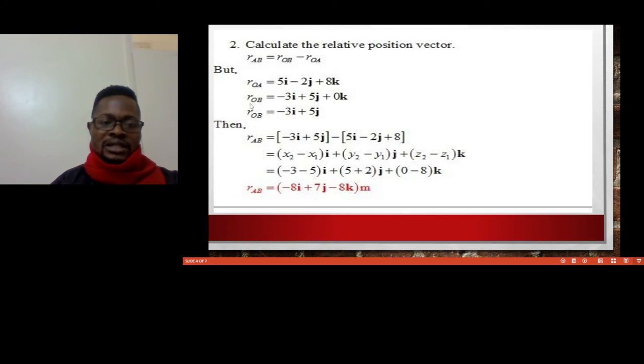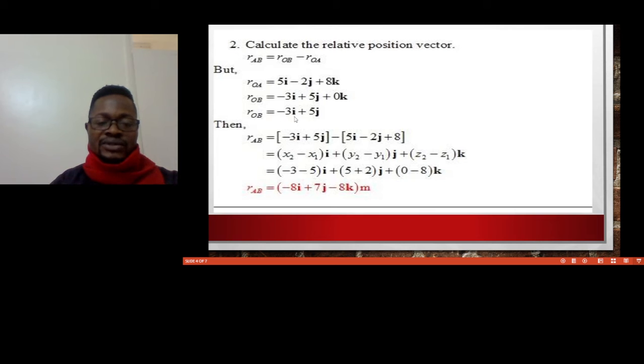So our R in the position of OB, if you draw the Cartesian coordinates, from the origin 0 up to this point B is -3, 5, and 0, which is -3i plus 5j plus 0k. So it will be the R of B, because 0k simply means it is nothing.